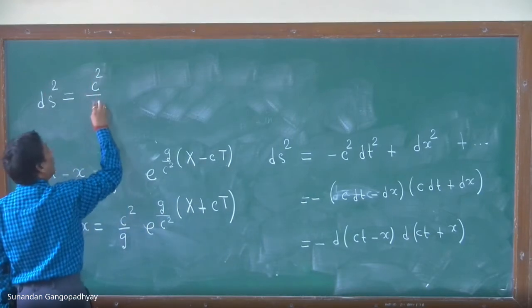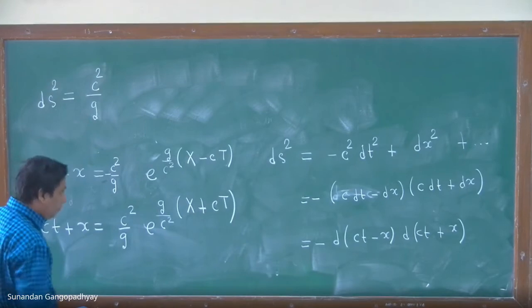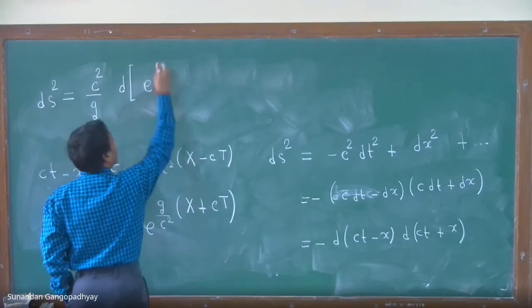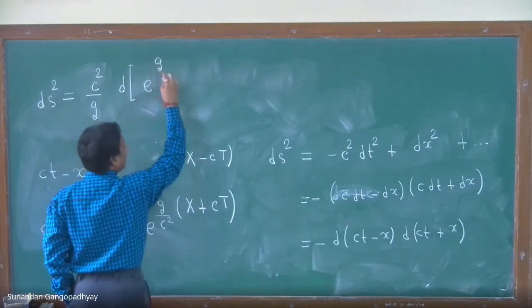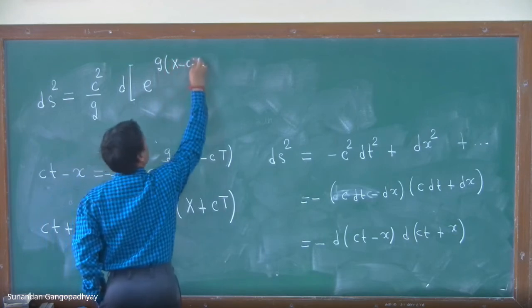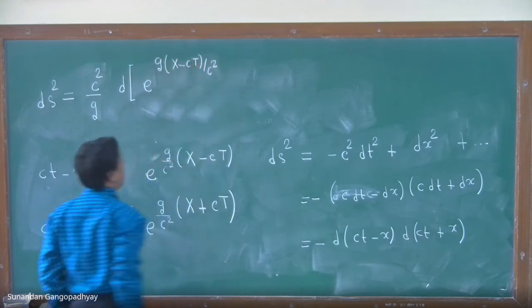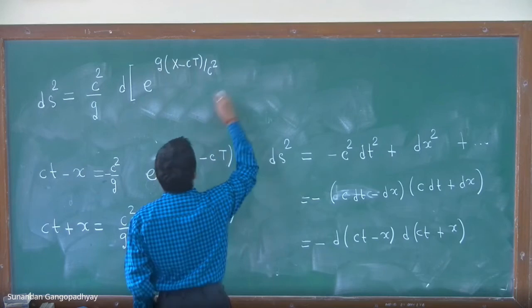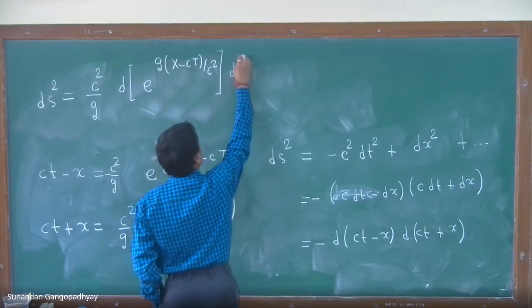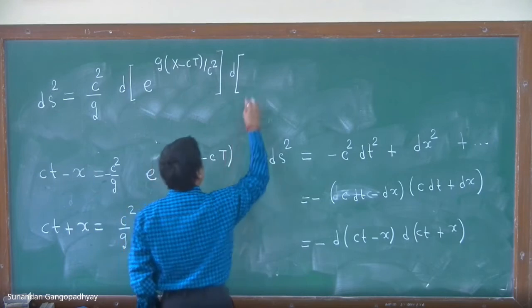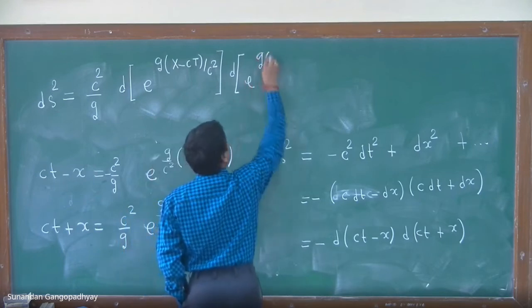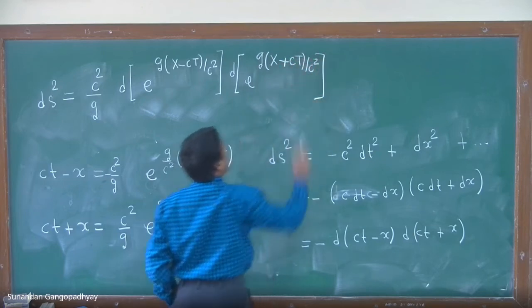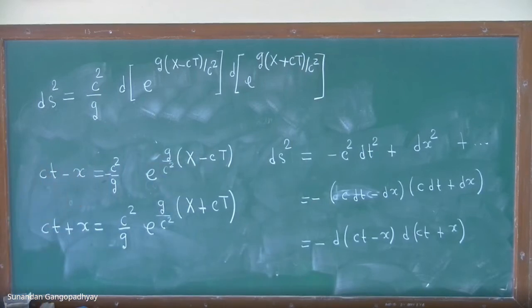So this will be c square by g, d of e to the power g, c square, and then ct plus x, so you need to calculate those things.